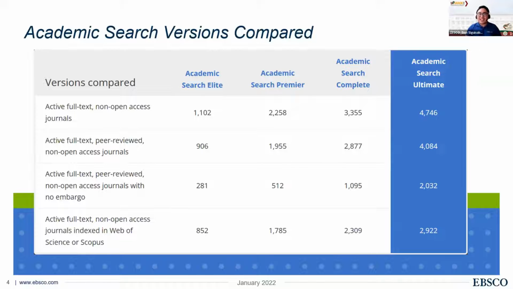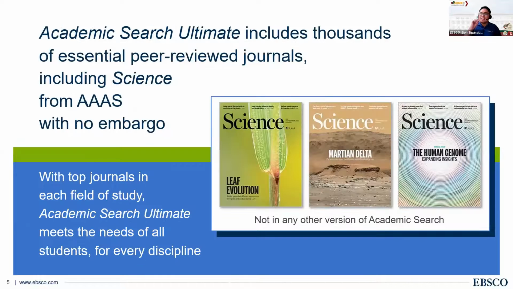Then another thing that I would like to highlight for Academic Search Ultimate is the availability of, and this is just one of them, Science, po, or the Science publication from AAAS, with no embargo.